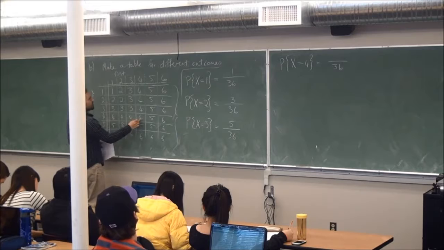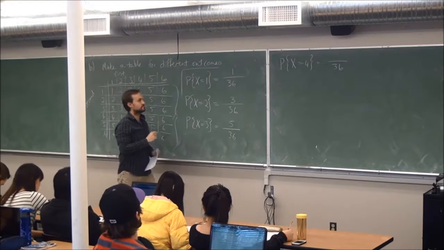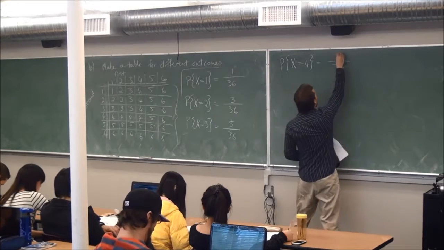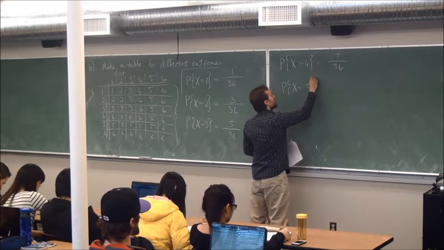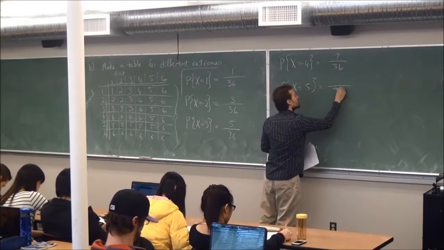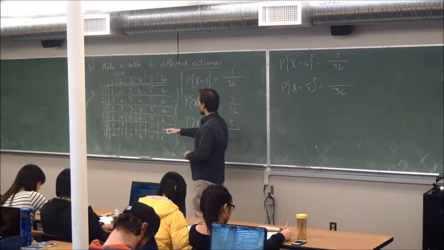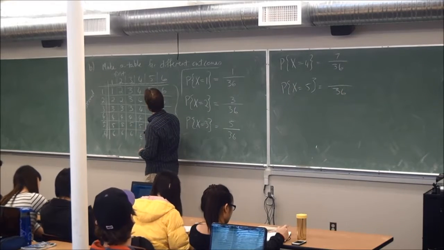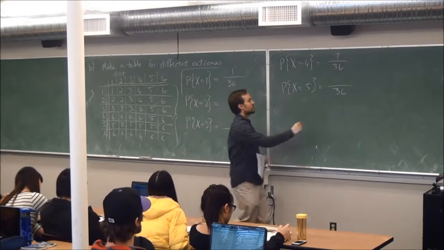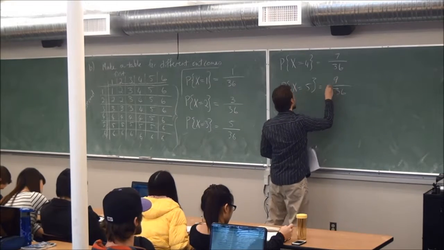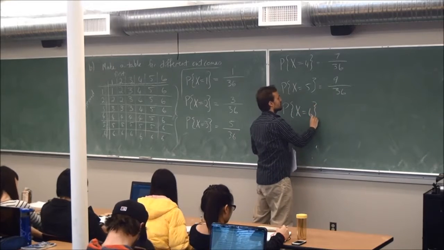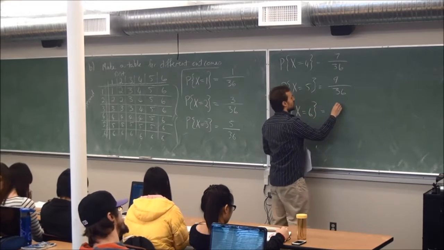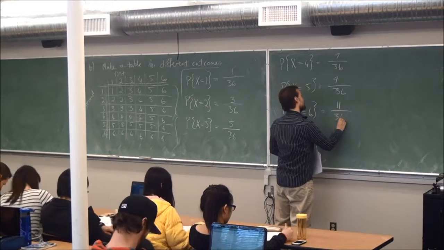I have 4 of them and then plus another 3. 7. 2 more, x equals 5. I have that whole row of 5 and then another 4. So that gives me 9. 1 more. 11 out of 36.